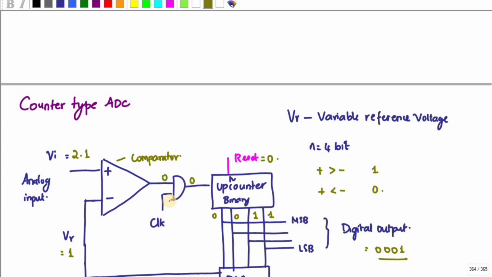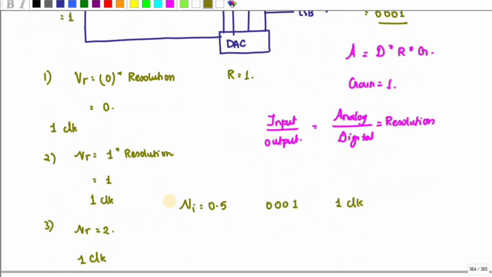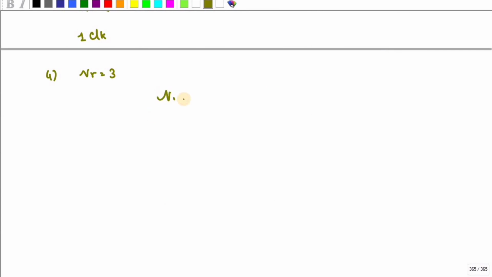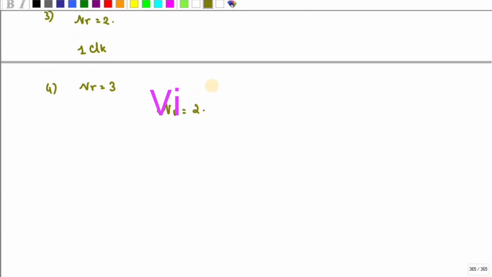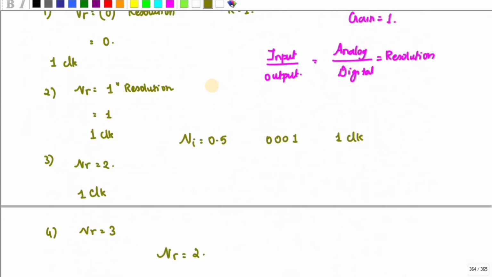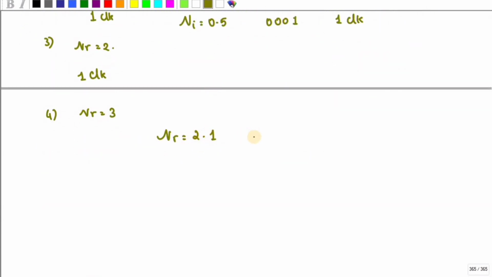So in order to convert my VR, that is 2.1 volt, right? 2.1 volt, the digital output is 0 0 1 1, right? 0 0 1 1, and it takes 3 clock pulses for conversion.